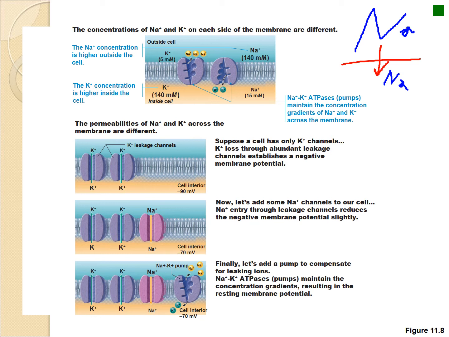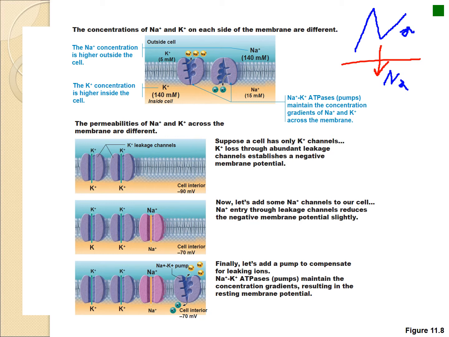That happens through what we call leakage channels. It prevents disruption of the cell. So it allows a little sodium in while still maintaining somewhat of a positive outside and negative inside. But you still have to remove that excess sodium, and that is done by what we call sodium potassium pumps. This is an active transport method that pumps 3 sodiums out for every 2 potassiums that come in.